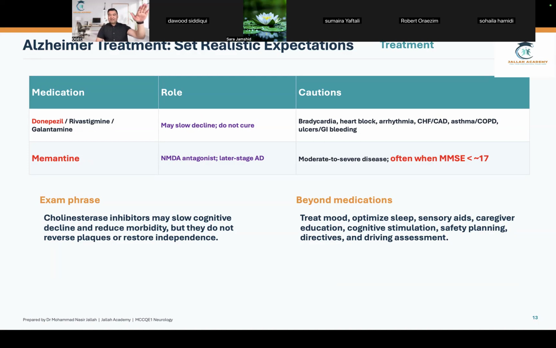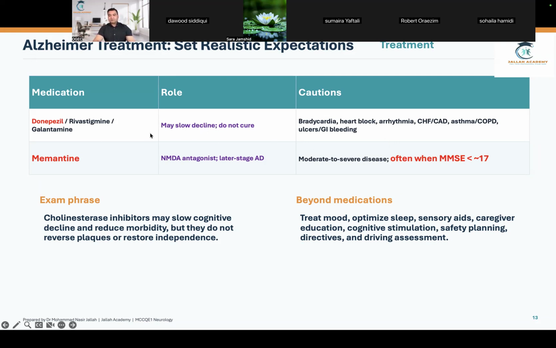But the decline is still there, right? The patient is still losing the memory, but the speed is not going to be that fast. This is something that you need to remember, that donepezil, rivastigmine, and galantamine are not a cure for Alzheimer's. They slow the memory decline. They do not cure. So this is very important.